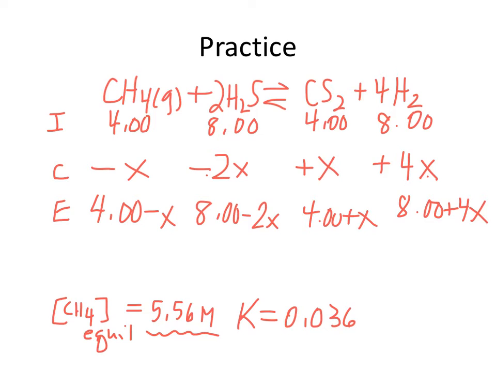And they give us one very useful piece of information, and that is that the equilibrium concentration of methane is 5.56. In other words, 4.00 minus X equals 5.56. And this is going to be the key for us to figure out everything else.